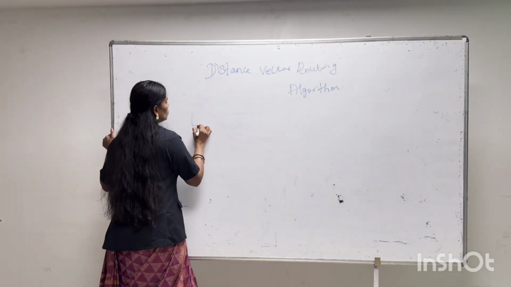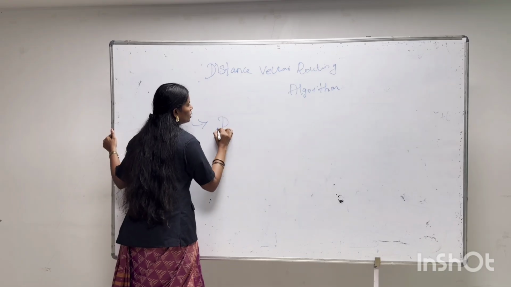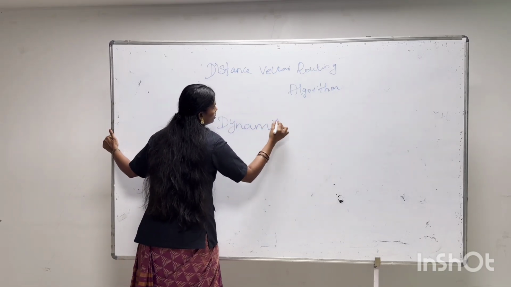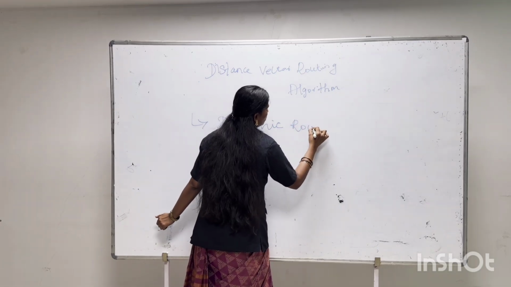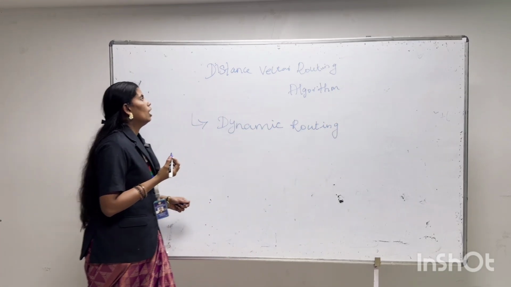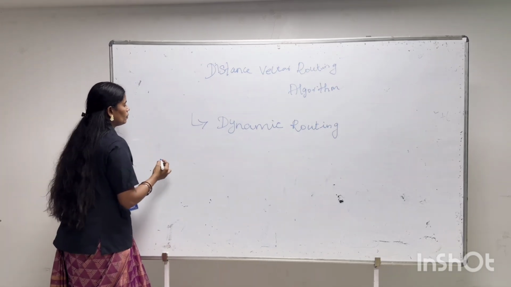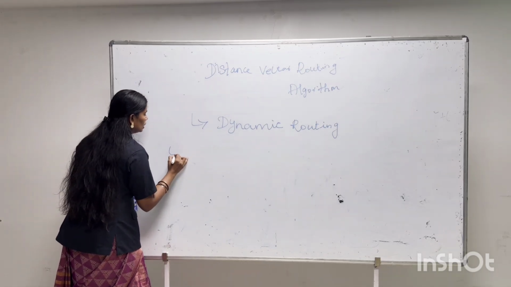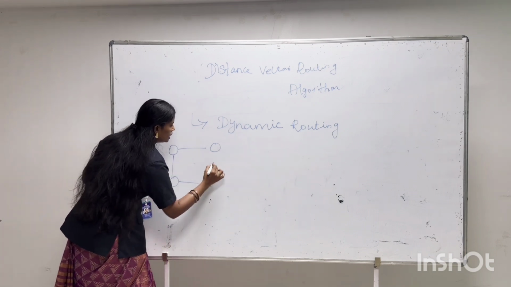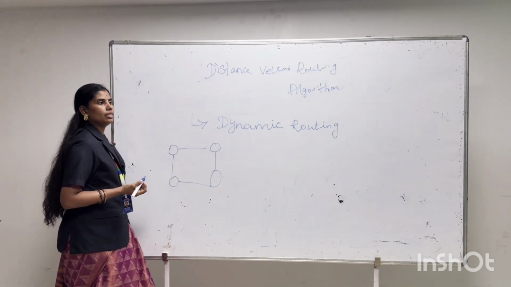The distance vector routing algorithm is otherwise called dynamic routing. In the distance vector routing algorithm, we are going to find the distance between the nodes, which is the best path from this node.